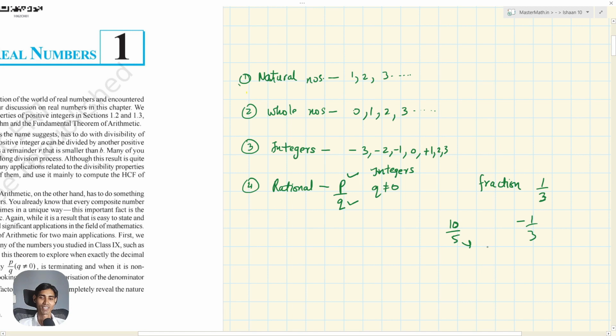A fraction can't be negative 1/3. Can you have negative half of an apple? No, sir. Can we have positive half of an apple? Right, that's possible. So in a fraction, you cannot have a negative numerator. It's not a negative integer in P or Q, only positive.